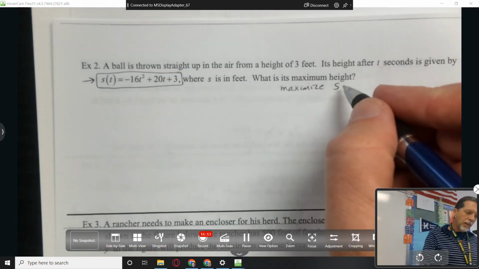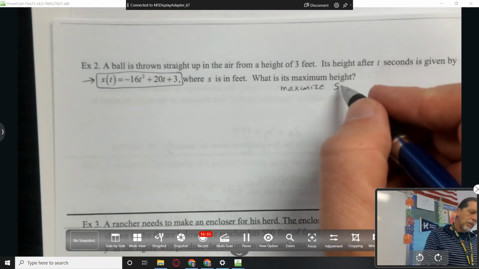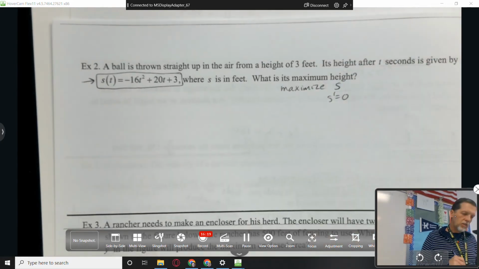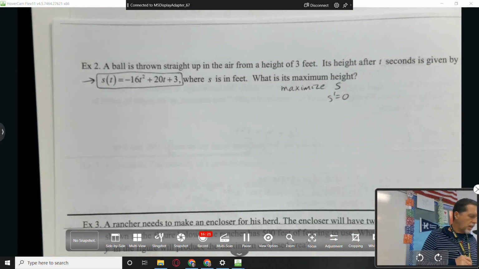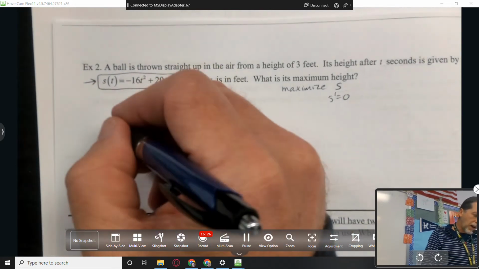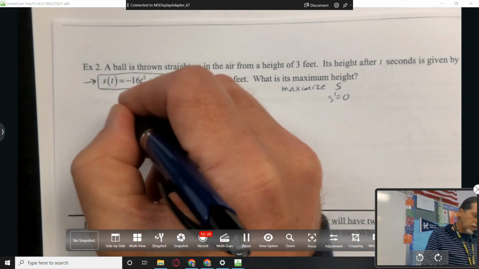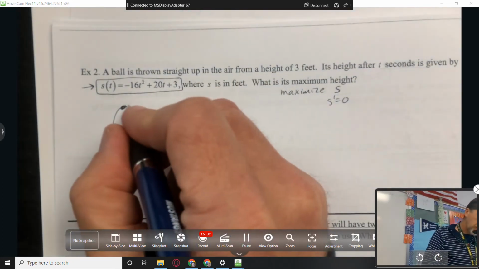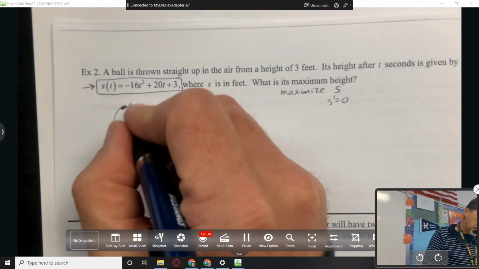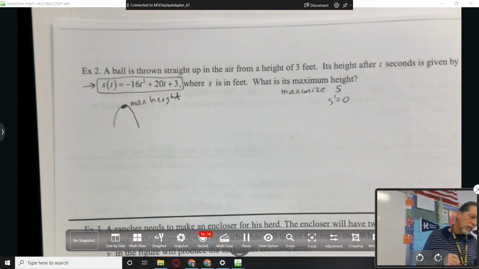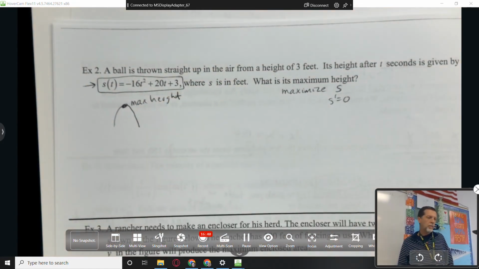So a maximum height would be where S prime is 0. In fact, let's think about this. It's another negative parabola, so somewhere there is going to be a maximum height. What is its maximum height?